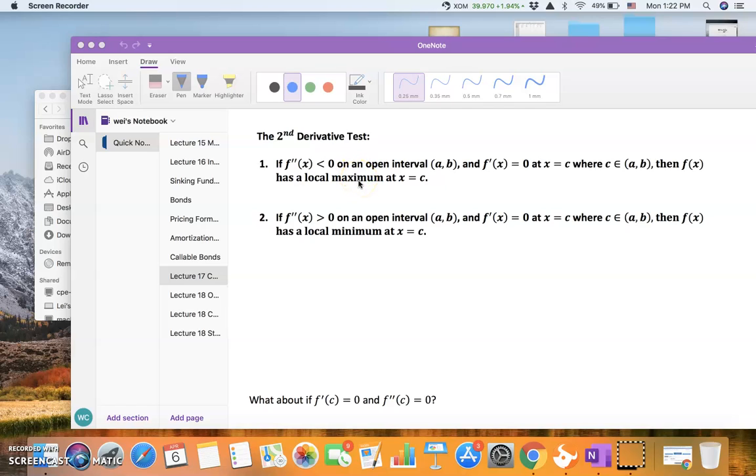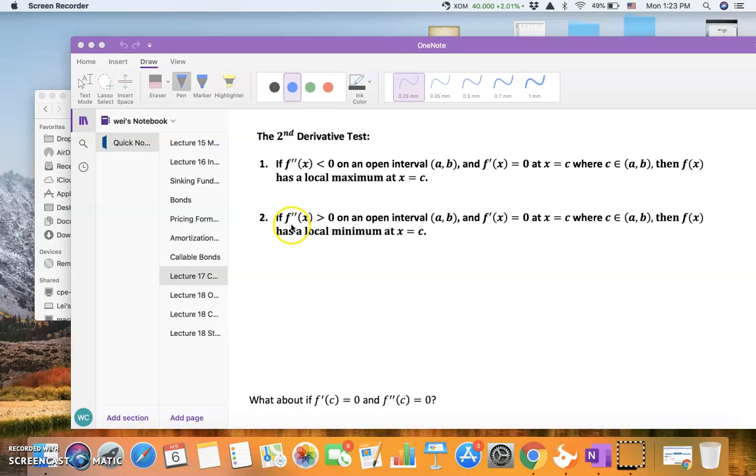Let's first look at the definition. If the second derivative is less than 0 on an open interval from a to b, and if the first derivative is equal to 0 at the point x equals c, where c is between a and b, then the function f(x) has a local maximum at the point x equals c.